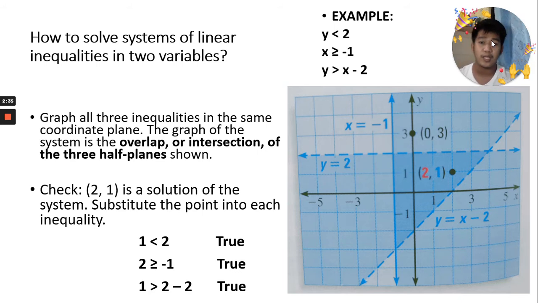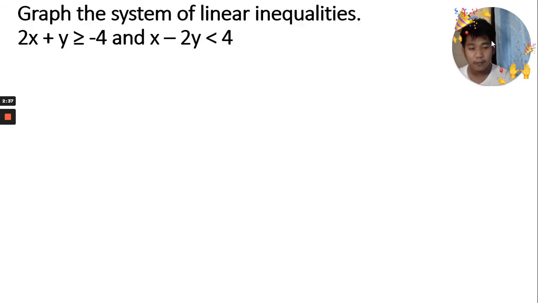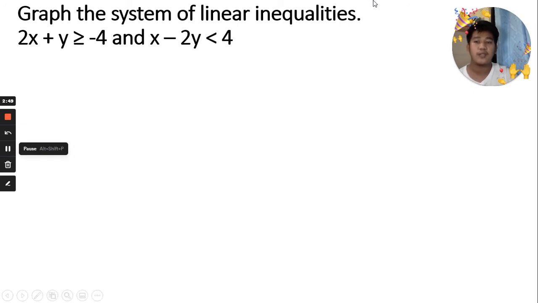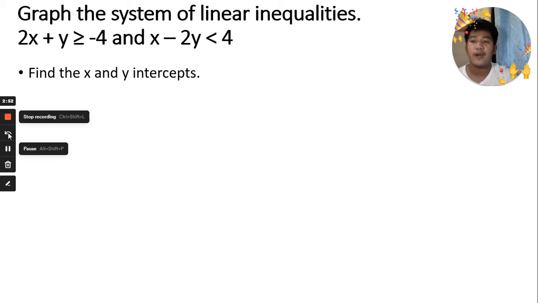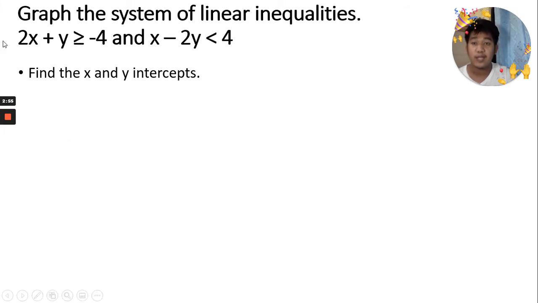Okay, let's proceed with my own example. Here it is. So let's graph the system of linear inequalities given 2x plus y is greater than or equal to negative 4 and x minus 2y is less than 4. So first thing is we're going to find the x and y intercepts of the two inequalities. So let's say 2x plus y equals negative 4.